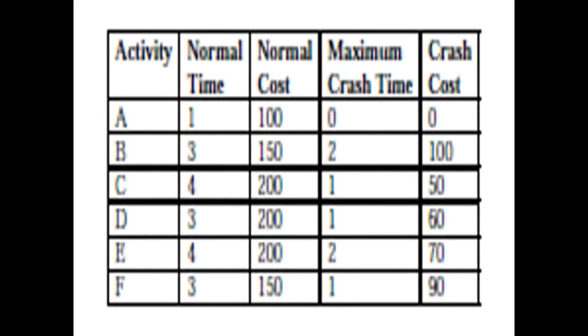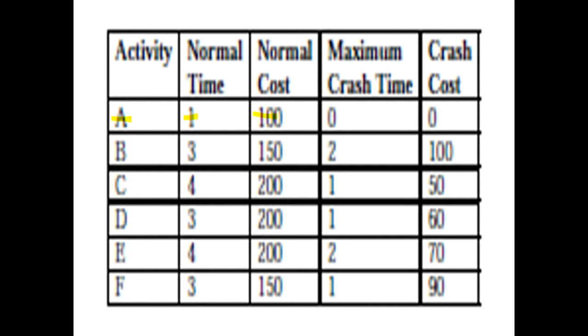Okay, so we will take this very simple example to go through the steps involved. Here we are given this project. The first activity is activity A, and the normal time to deliver this activity is maybe 1 week, and the cost is £100,000, for instance.